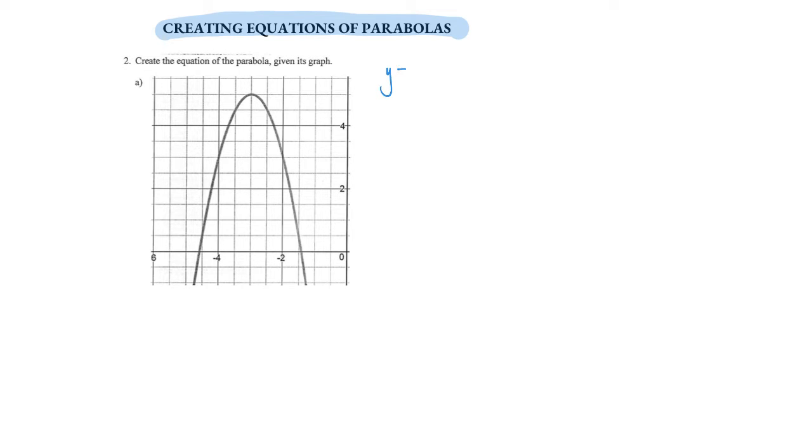We could address our good old vertex form, which is one we should be very comfortable in dealing with. We could also address standard form, and I would be very careful to always look at the wording of a problem. Notice that if it does say in standard form, then we're going to have to expand any brackets, collect like terms potentially, if we don't choose that method to begin with.